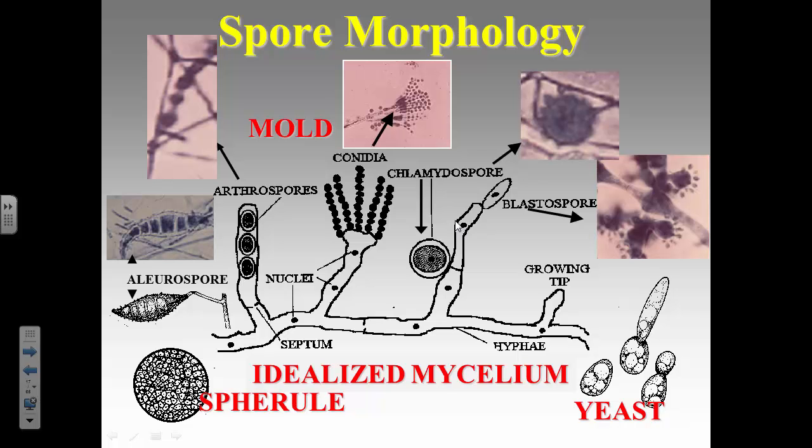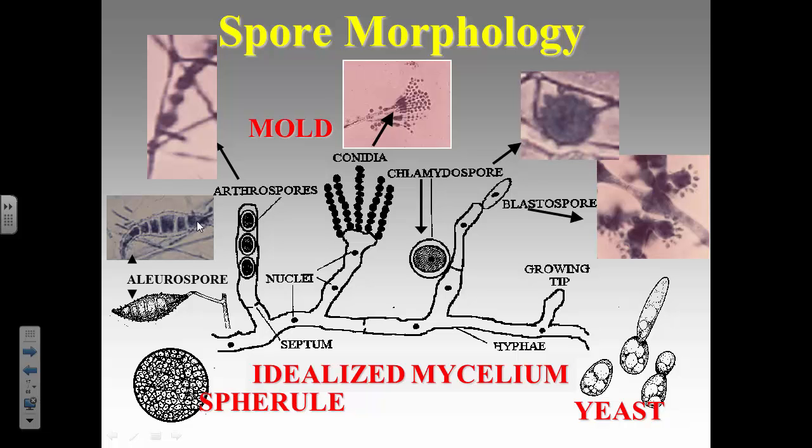Okay, now spore morphology. Here is the language and the lesson. We're going to have a little bit in Greek. Okay, hyphal spores have different names that we have to know about when we're looking and describing them. So, for example, we'll hear about certain skin fungus having aleurospores when they're grown usually in agar. These are what we call macroconidia.